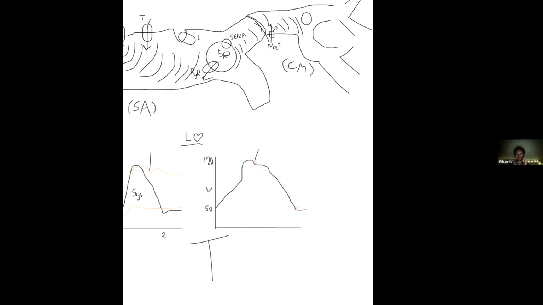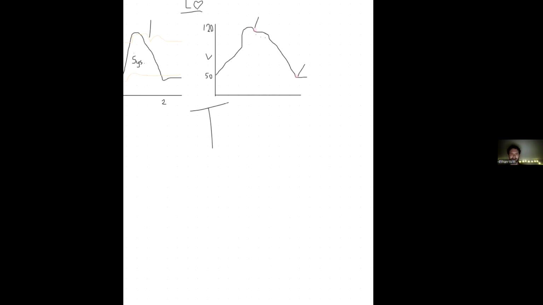And as that ventricle is squeezing the blood out, almost being like suctioned out, really, we will reach our end systolic volume, which sits at 50. End diastolic volume minus ESV will give us our overall stroke volume, and multiplying that by our heart rate will give us our overall cardiac output.